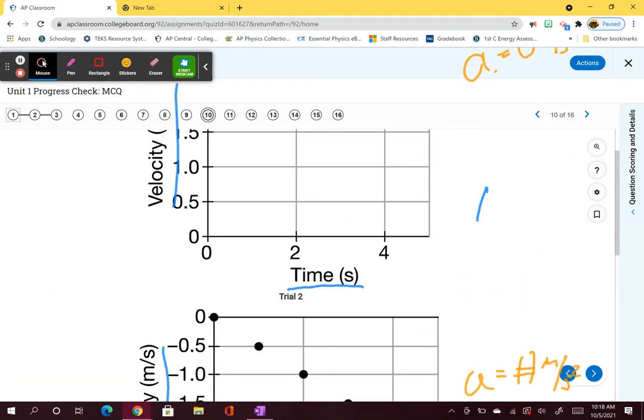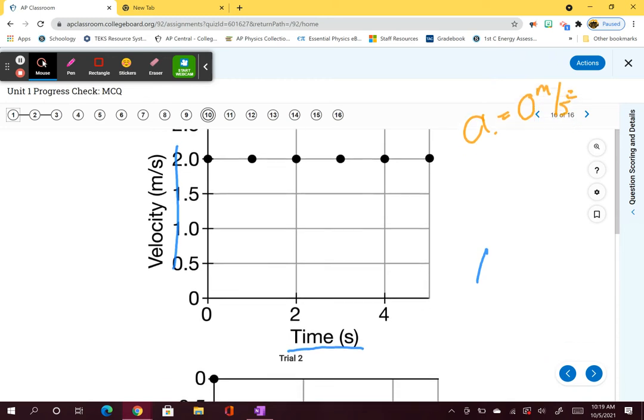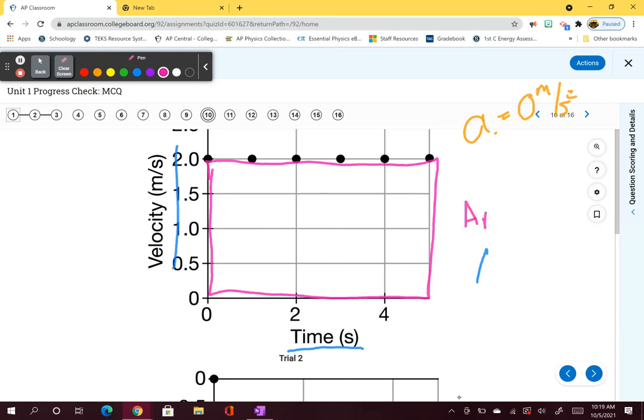So finding distance or displacement for a velocity versus time graph, you just do area under the curve. So this just becomes a rectangle.